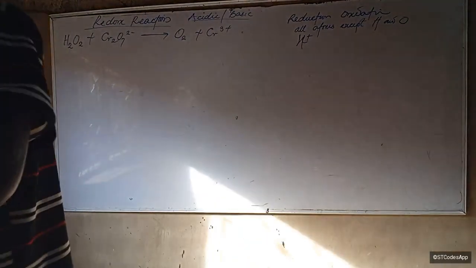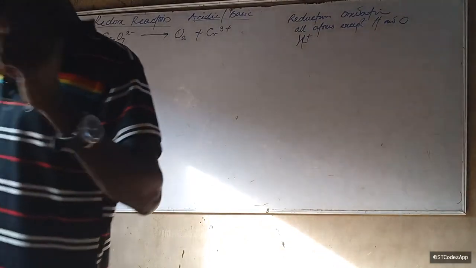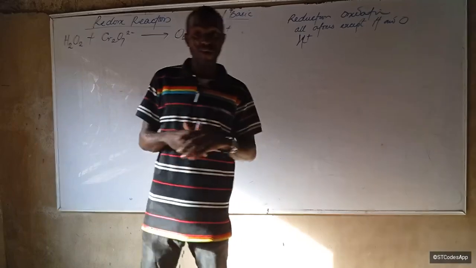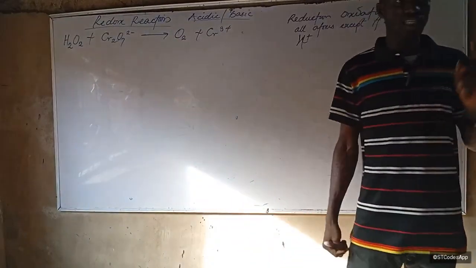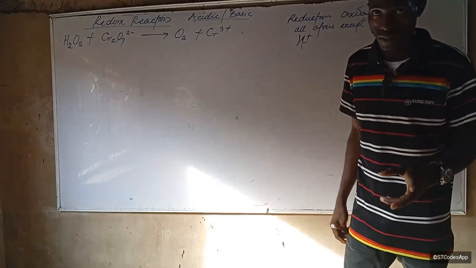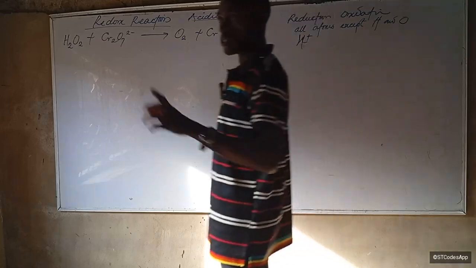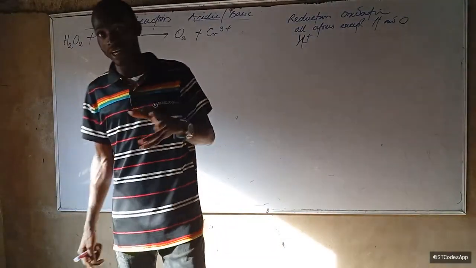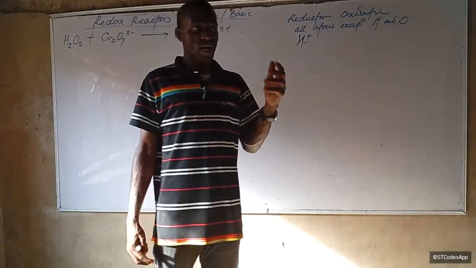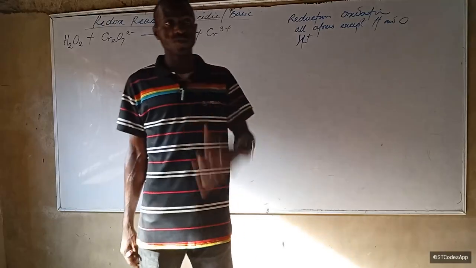How do we, in the beginning, we said what? Balance atomically. Right, before that, this is what we're supposed to do. Identify the reduction and oxidation half reactions, or you say split the reactions into half reactions according to oxidation and reductions.